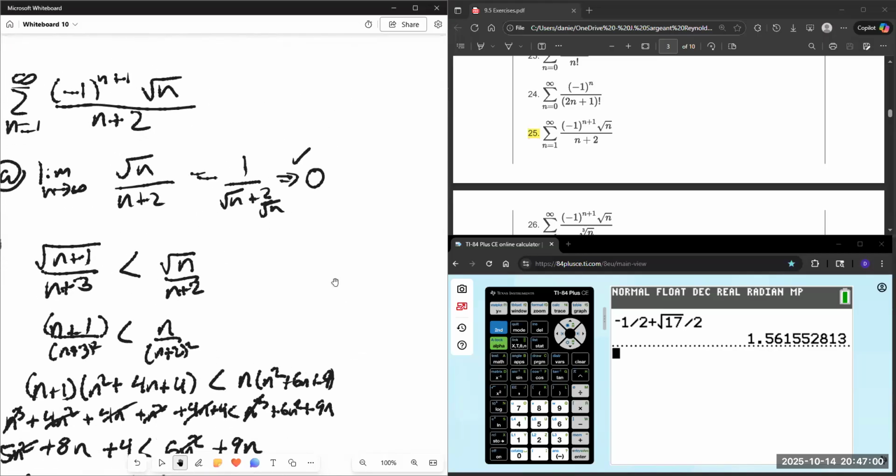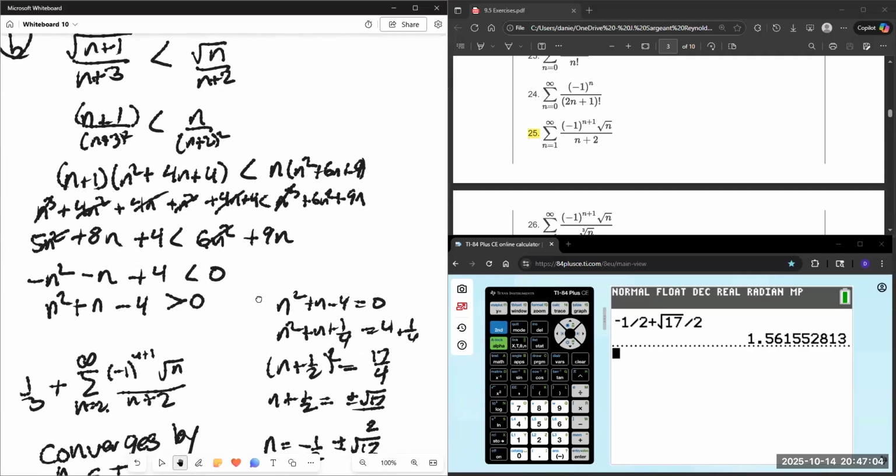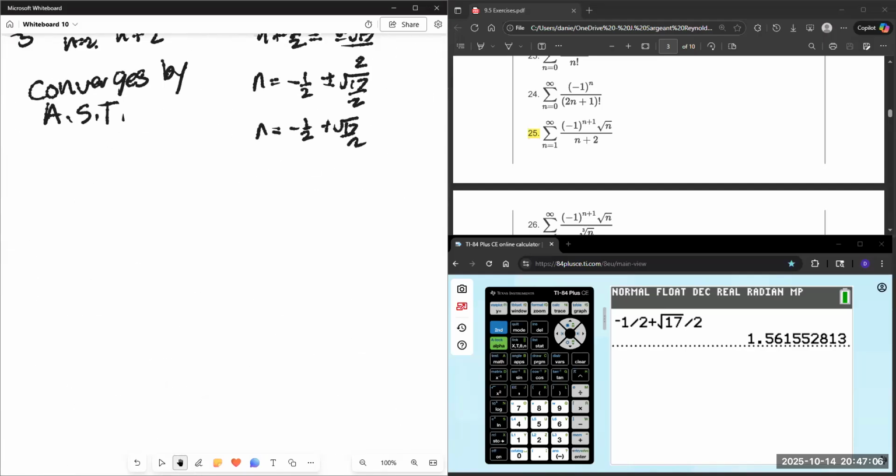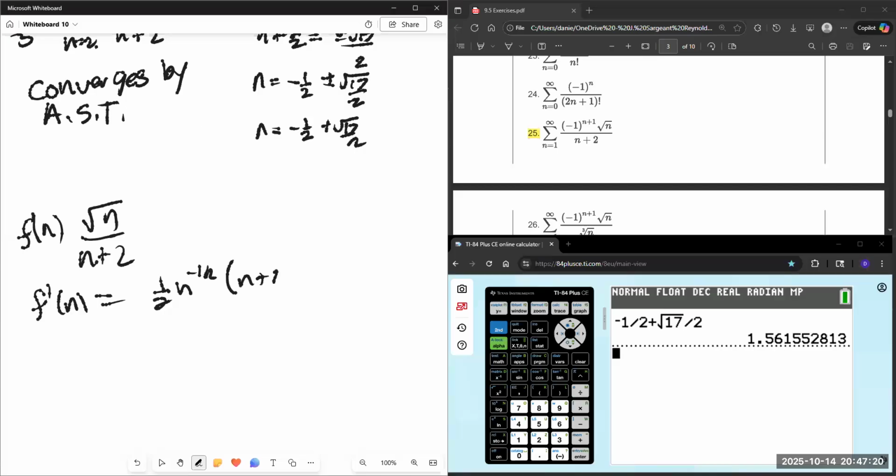This is kind of nasty to use the first derivative test on, but I'll do it anyway. Square root of n over n plus 2 is f of n, and I want f prime of n, which is 1/2 n to the negative 1/2 times n plus 2 minus 1 times n to the 1/2 over n plus 2 squared.